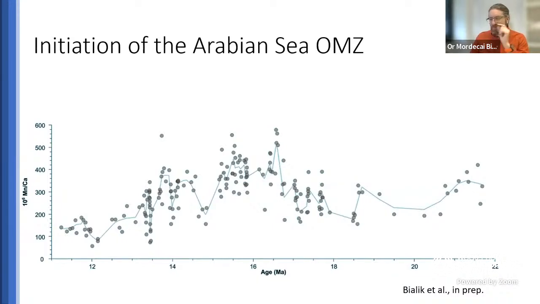And now we go back to our monsoon. Based on multiple proxy sets, we think right now that the modern mode of the monsoons, the more intensive monsoons, start around 13 million years ago. And we see that past 13 million years, manganese content is very low and it's quite stable.